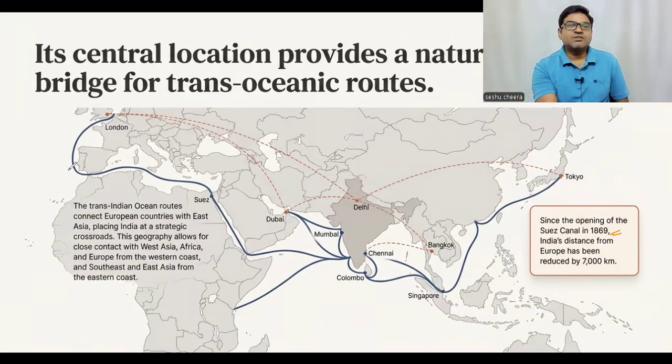Before the Suez Canal was opened, ships had to travel around the entire continent of Africa. I am not able to show the depth of South Africa. From there, they had to come and then reach India.